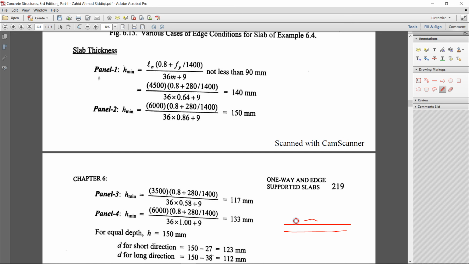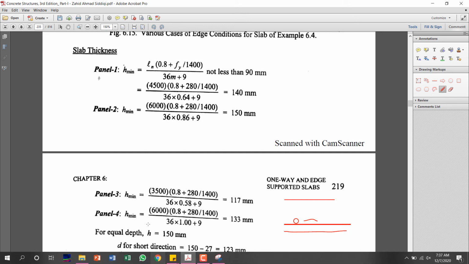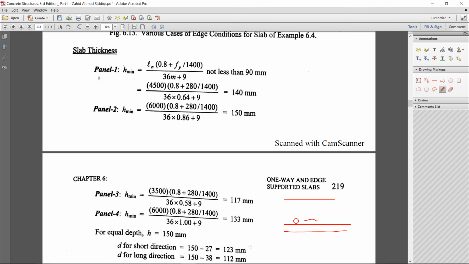That is why you have to subtract 38 millimeter to get the effective value for d. d is from the top fiber of concrete to the center of steel. So d for the long direction is 112 millimeter.